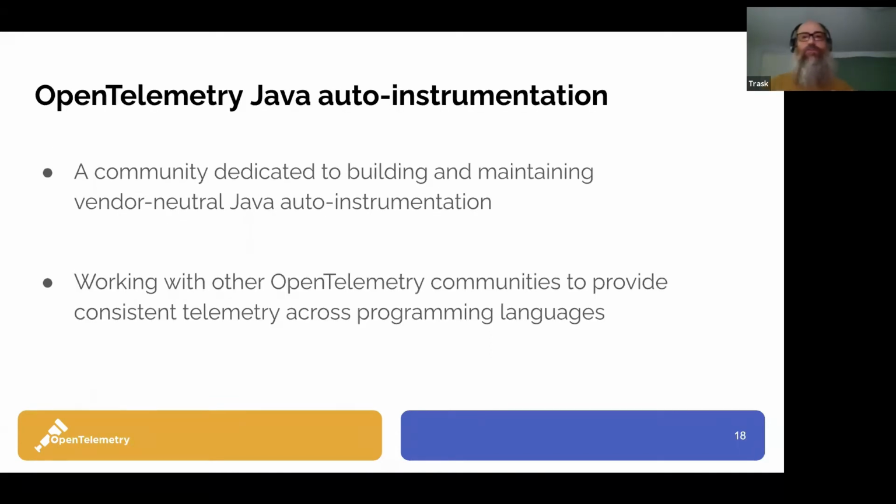So that brings us to the OpenTelemetry Java auto-instrumentation project. I see it as a community dedicated to building and maintaining vendor-neutral Java instrumentation. Also, another important aspect of the work is working with other OpenTelemetry communities, other language communities, to provide consistent telemetry across different programming languages.